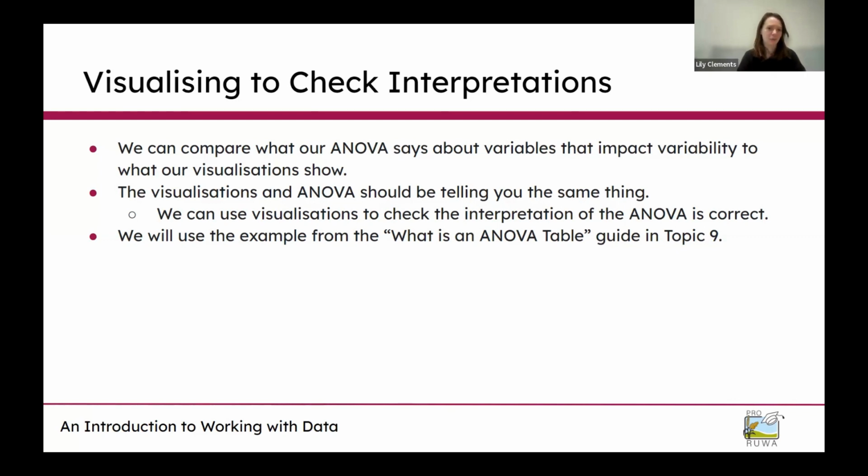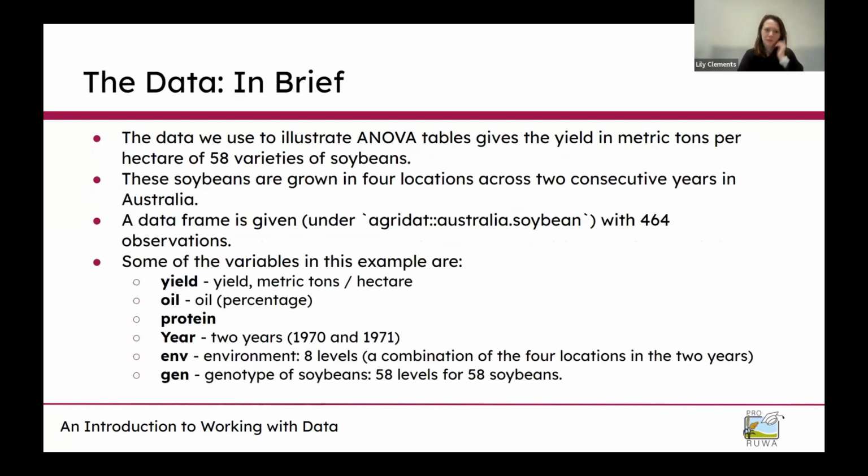We're going to use the example from the "What is in an ANOVA table" guide given in topic 9. Let's just briefly recap on this data though. This was data that gave the yield of 58 varieties of soybeans. It was experimental data, which meant that there were different variables in there to compare.